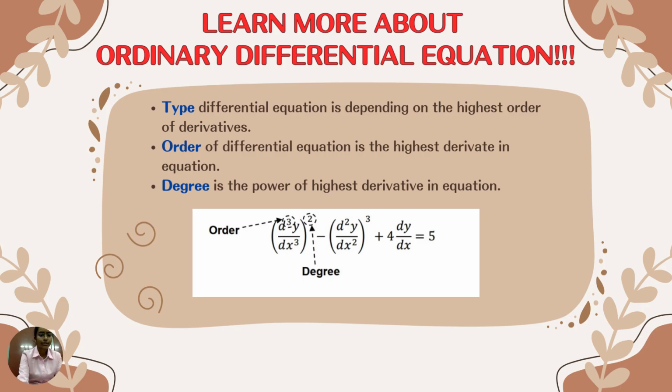To determine the degree, we have to see the power of the highest derivative. So it is 2. The highest order is 3, so the type of the equation is a third order ordinary differential equation.